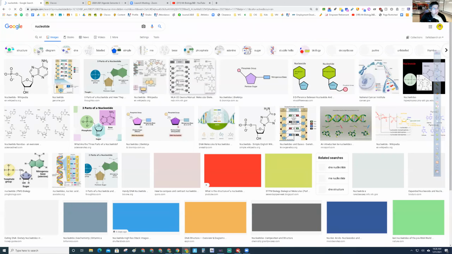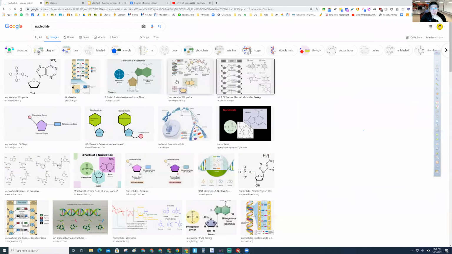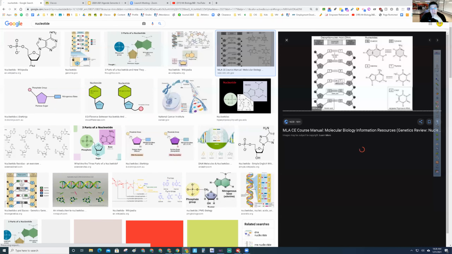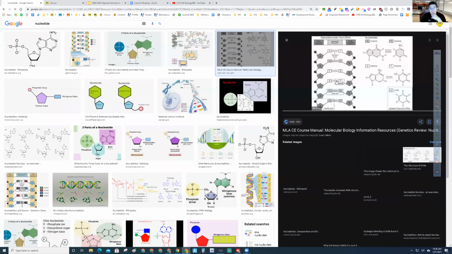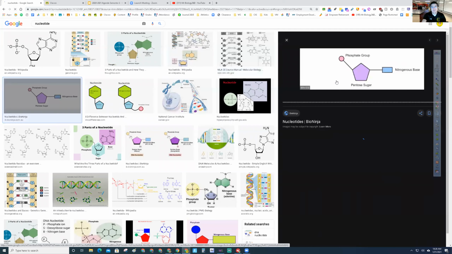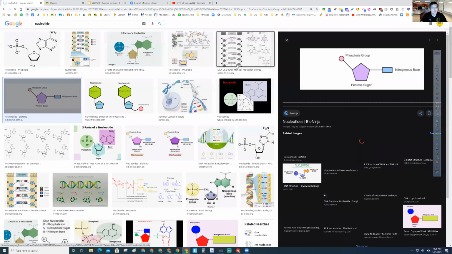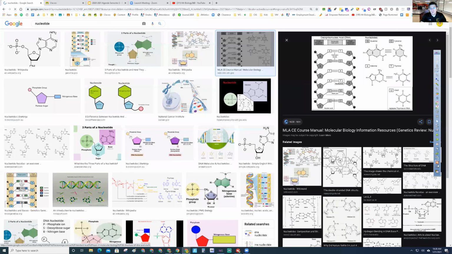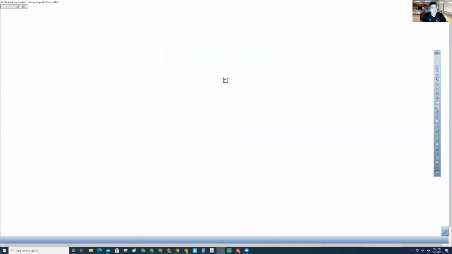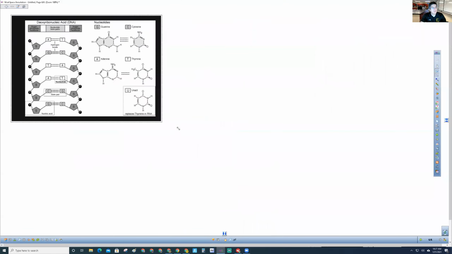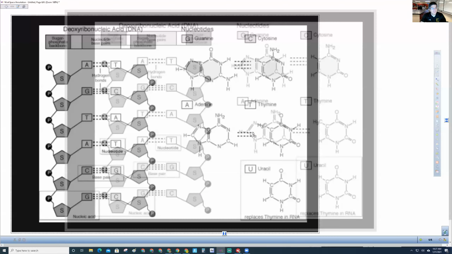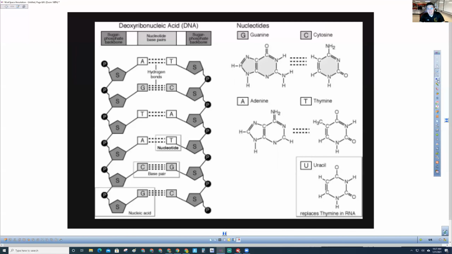All right, and so this is a pretty good image because you can see very clearly the nucleotides.